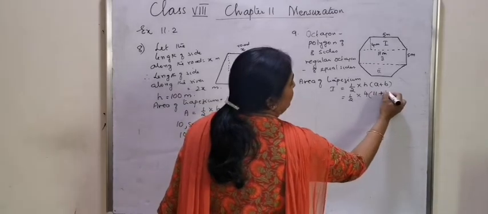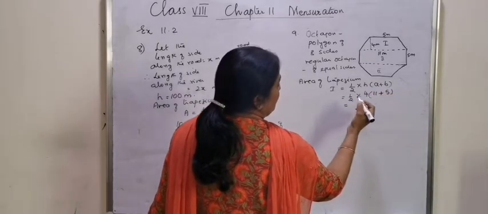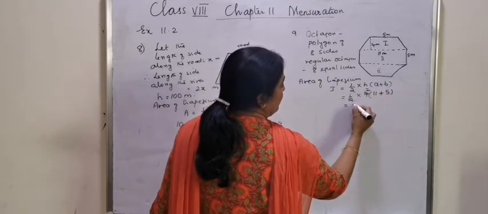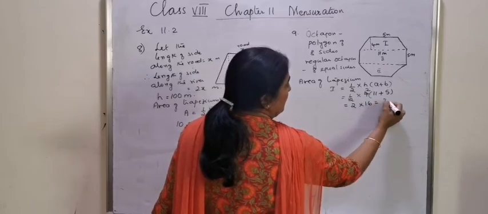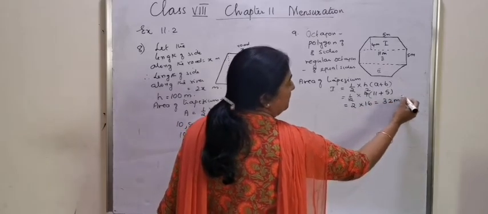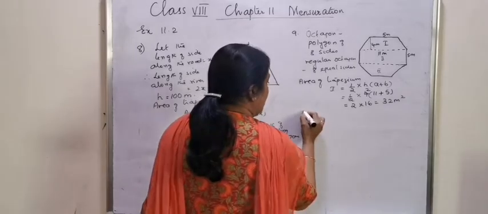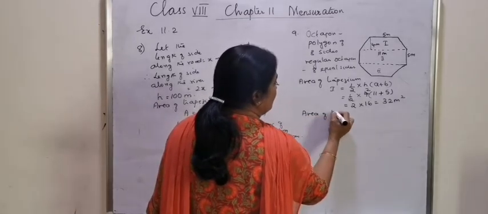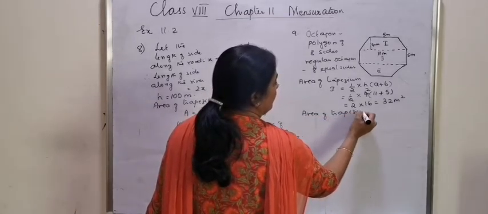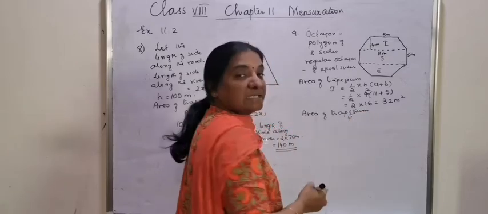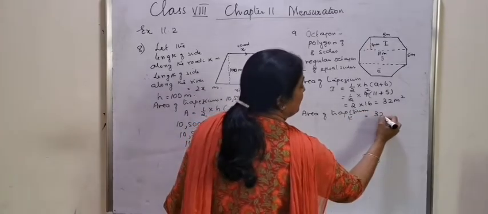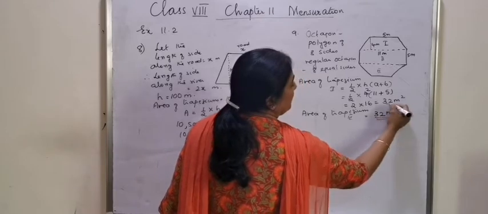It is 11 plus 5, which is equal to 2 into 16, that is 32 meter square. The same will be the area of trapezium marked as 3, also 32 meter square.